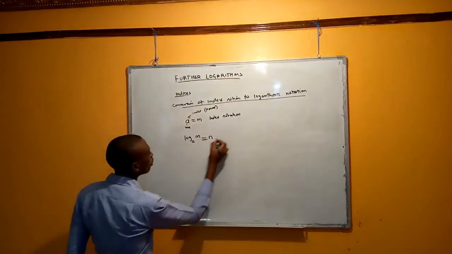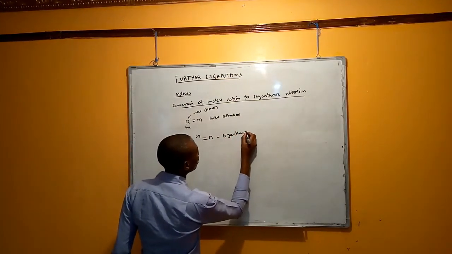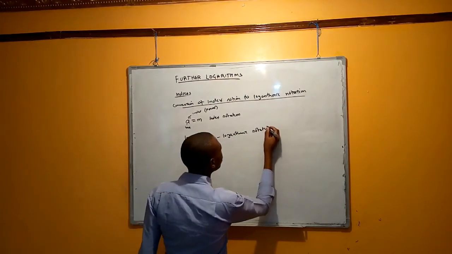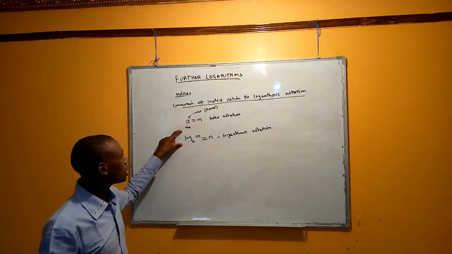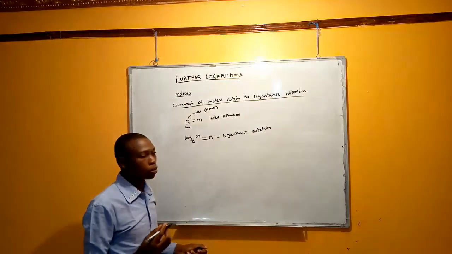This is what we call logarithmic notation. You should be able to convert a logarithmic notation to an index notation and vice versa.